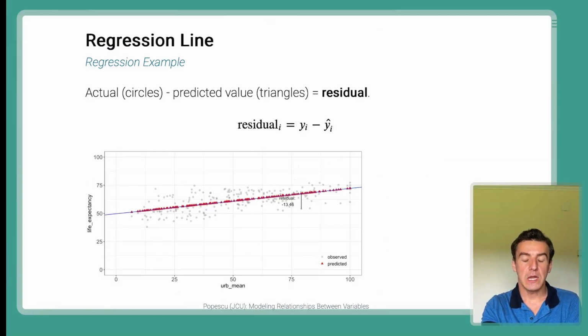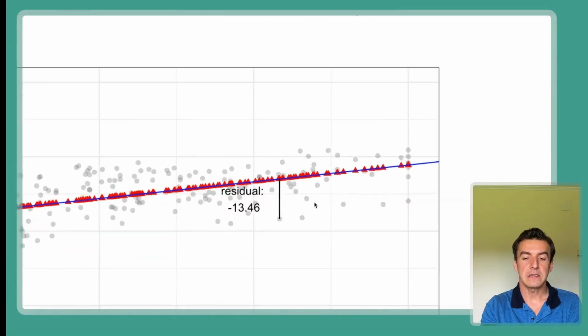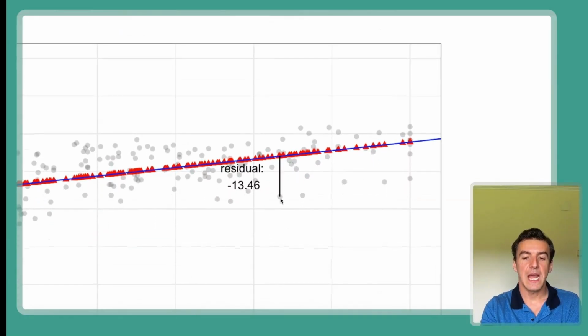So we can now calculate the residual. So what is residual? This is really the difference between the actual values of y and the predicted values of y. So you can clearly see in this example, this is a negative residual.